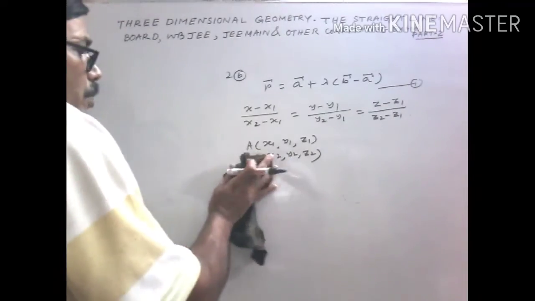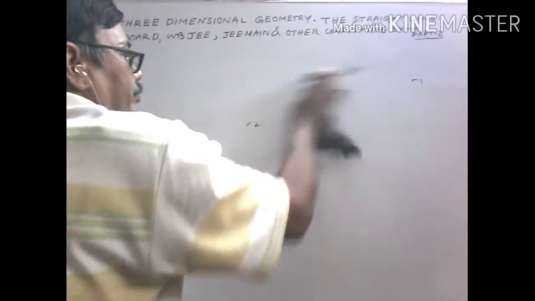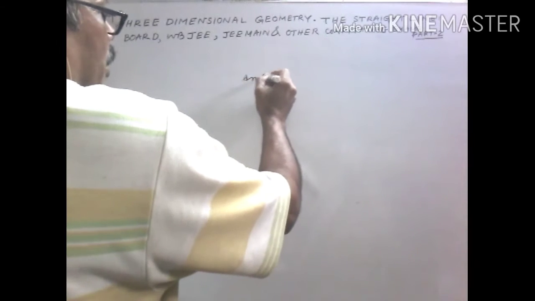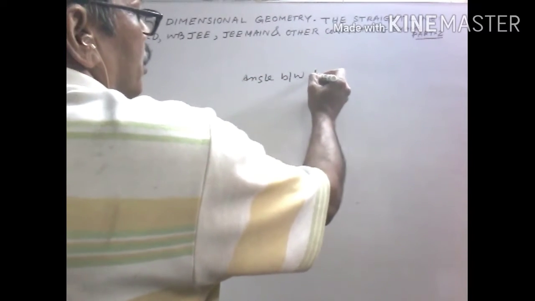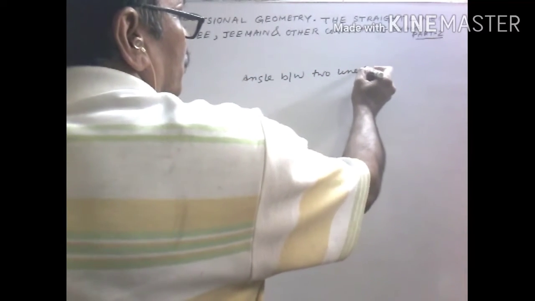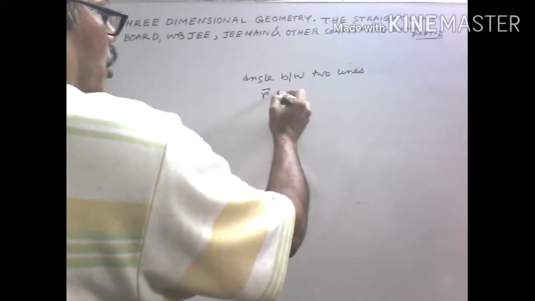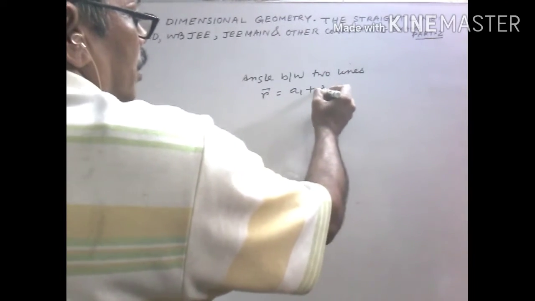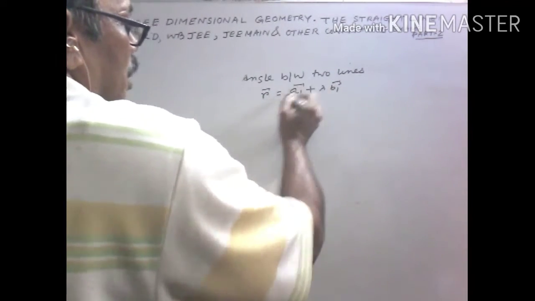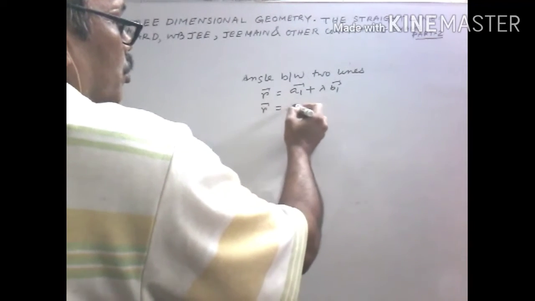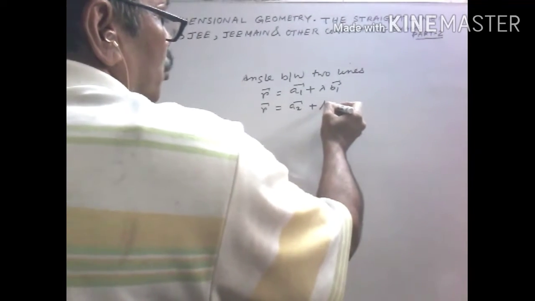Next, number 3. So next basic theory, angle between two lines. r vector equals a1 plus lambda b1 and r vector equals a2 plus mu b2.